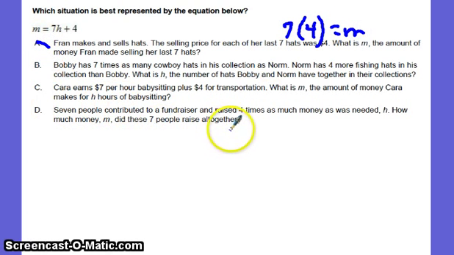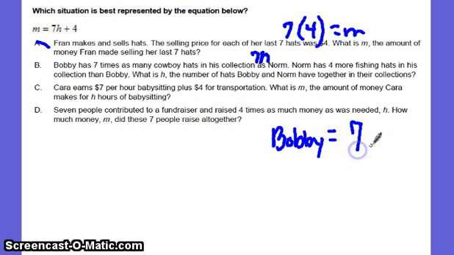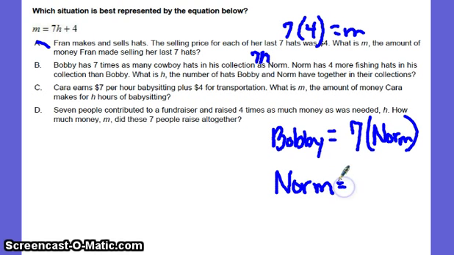Bobby has 7 times as many cowboy hats in his collection as Norm. That would be 7 times H. Norm has 4 more fishing hats in his collection than Bobby. So Bobby is equal to 7 times however many Norm has. Norm has whatever Bobby has plus 4.